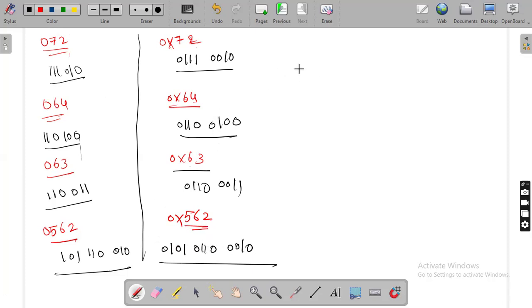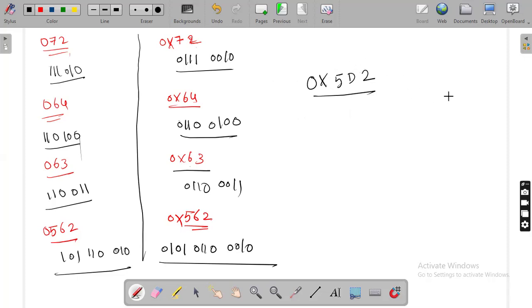But in hexadecimal, A, B, C, D, E, F are also coming. A means 10, B means 11, like that. What if the number is like that? Consider I'm writing the number as 0x5D2. So what is D? D means 13.